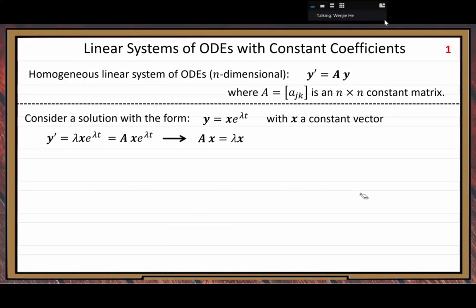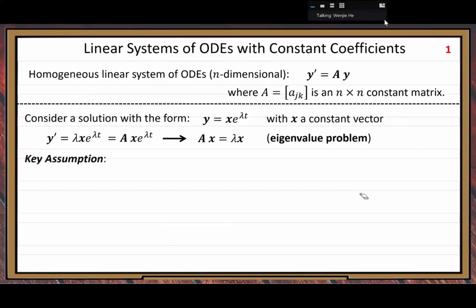Because the e function can never be 0, e to the lambda t is a non-zero function, so we can cancel it out. After we cancel out the e function, we get Ax equals lambda x. Then, based on our knowledge of eigenvalues and eigenvectors, we can see it is an eigenvalue problem.